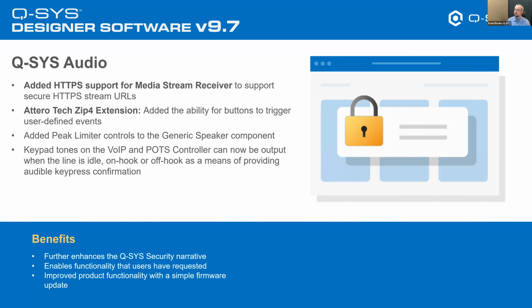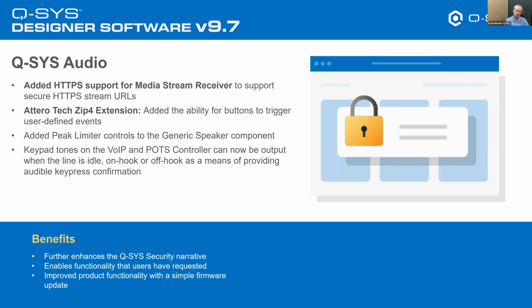In addition, a couple small things. We added HTTPS support for MediaStream receiver. We added Zip4 extension. We added the ability for buttons to trigger user-defined events. We added a peak limiter control to the generic speaker component. So this allows you to actually control the limiter in the amplifier.